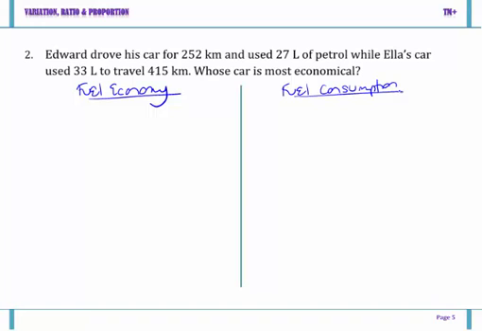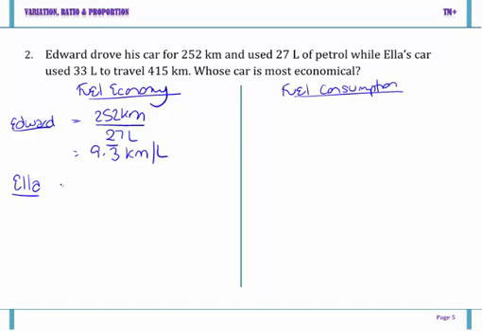Now for fuel economy, if we have Edward, it's going to equal 252 kilometres over 27 litres, which equals 9.3 recurring kilometres per litre. Now for Ella, we're going to have 415 kilometres over 33 litres, which gives me 12.57 kilometres per litre.